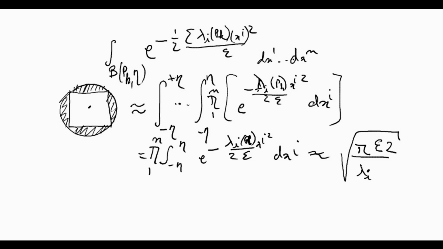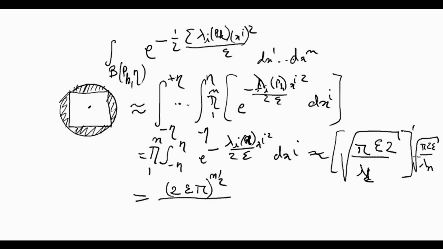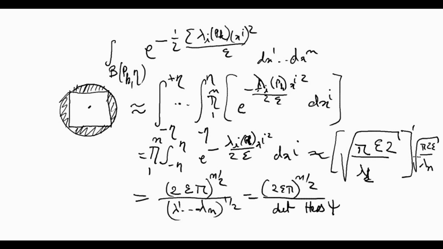So now we have the product, n times: the square root of 2 pi epsilon divided by lambda_1, and so on, up to lambda_n. So when we do all this product, we get 2 pi epsilon to the power n over 2, and then the product of lambda_1 to lambda_n to the power 1/2, which is the 2 pi epsilon to the power n over 2 divided by the square root of the determinant of the Hessian of psi at point p_k.